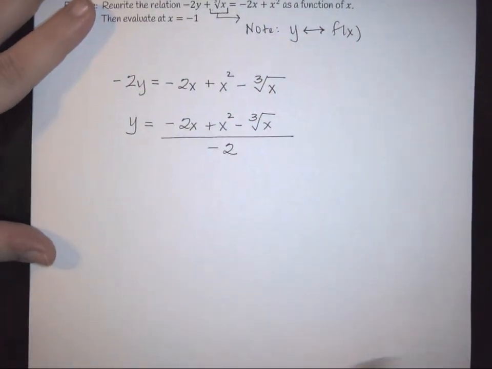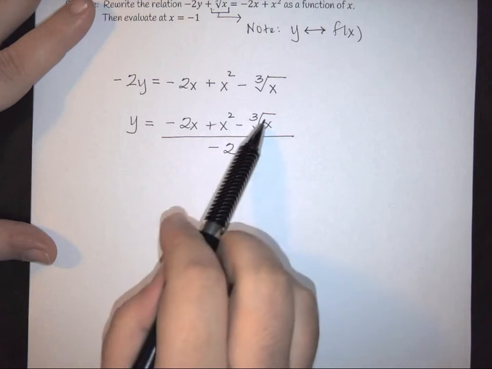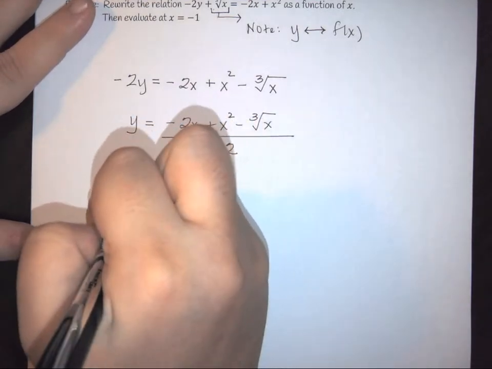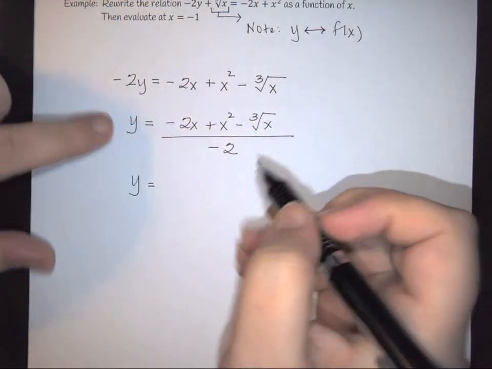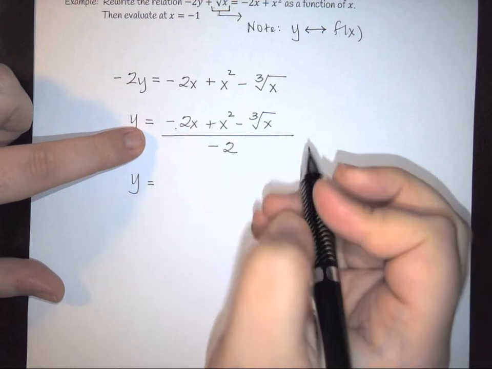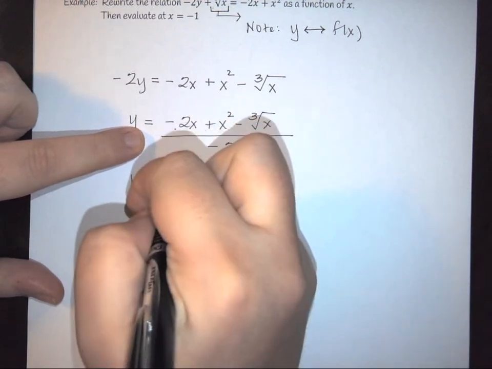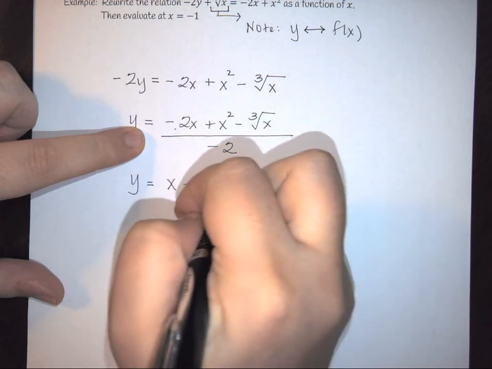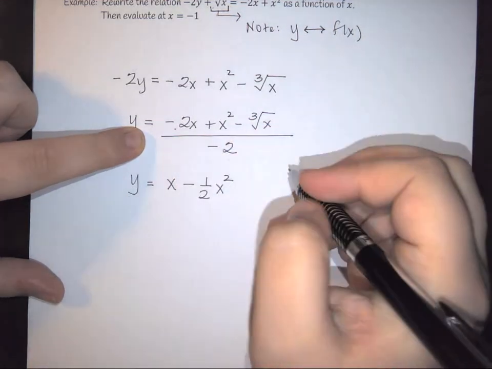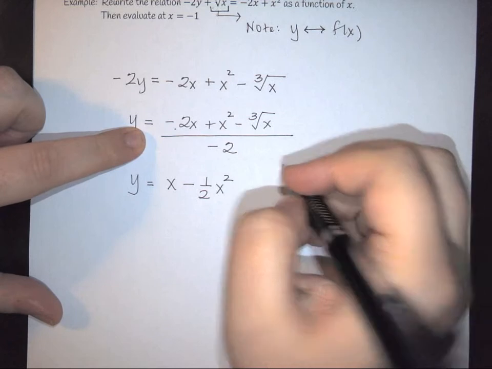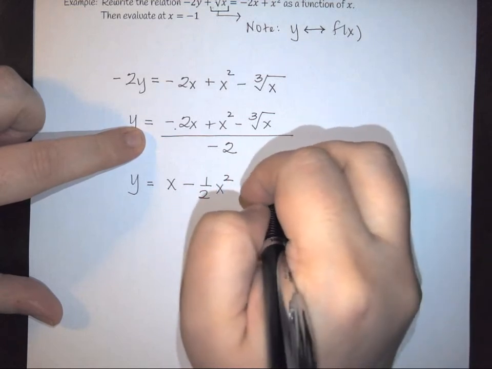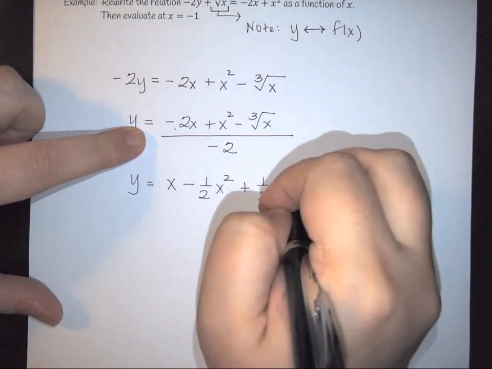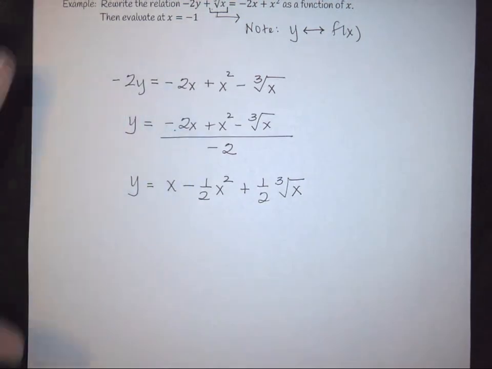And then what we can do is we can actually simplify each term. So here we would have negative 2 over negative 2 is going to give me just an x. And then I'm going to have minus 1/2 x squared. And I'm going to have plus 1/2 cubed root of x.